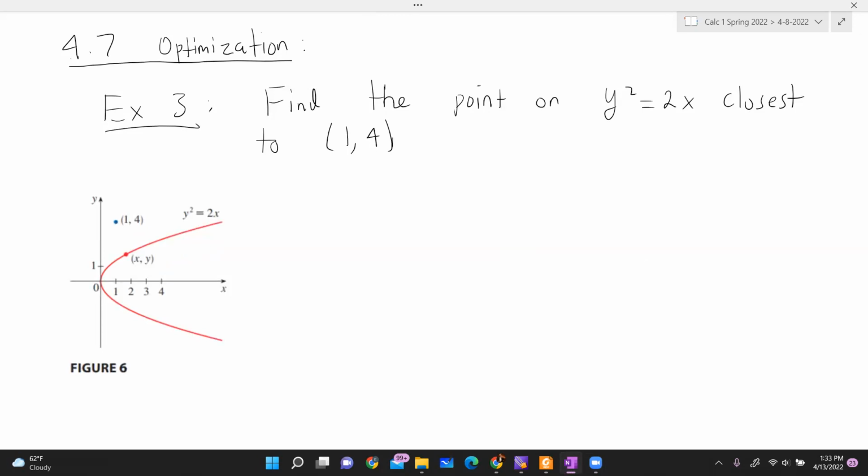So first we need to describe the distance between a given point on this parabola and (1, 4). So we need an equation to give us a way of measuring the distance between these 2 points. It's supposed to be a straight line, but it isn't. So we can use the Pythagorean theorem, or the distance formula.